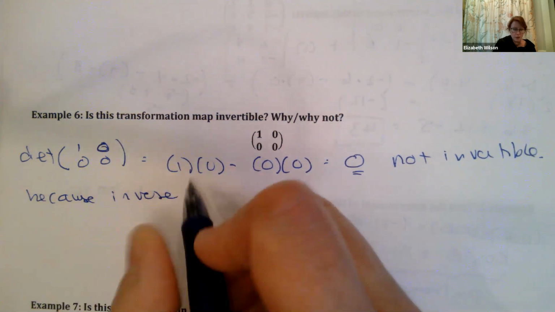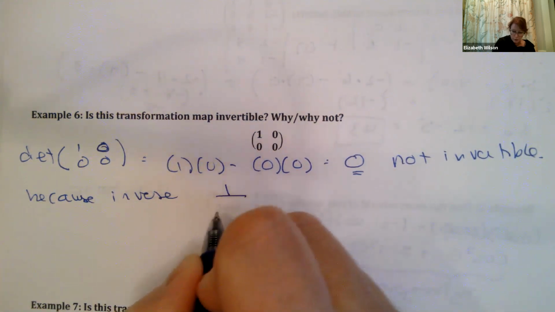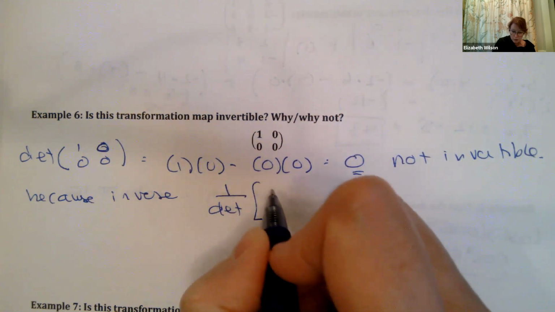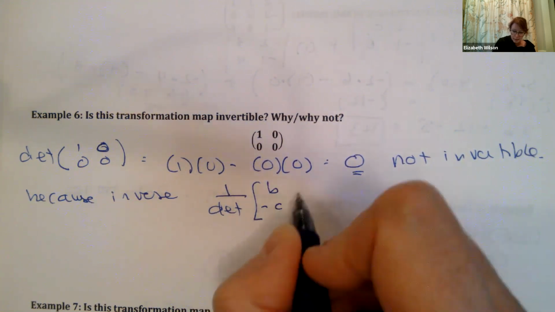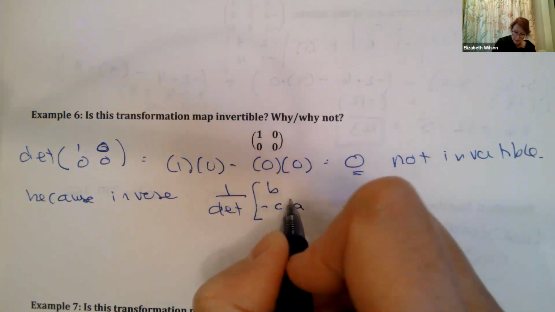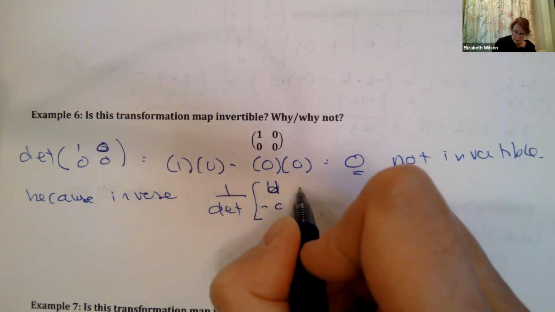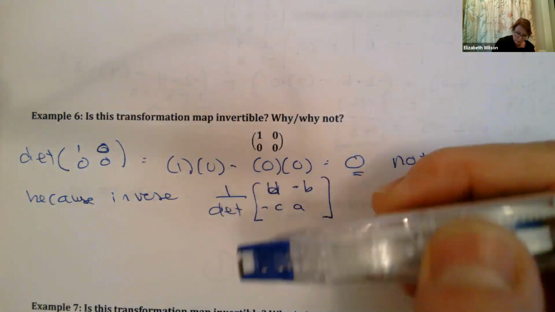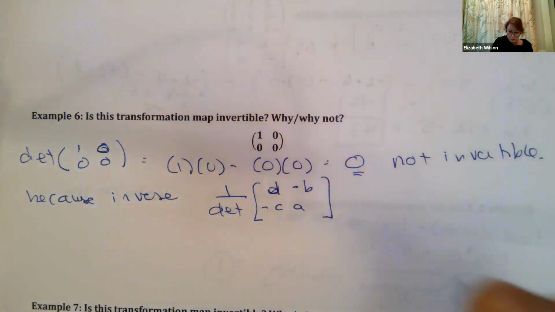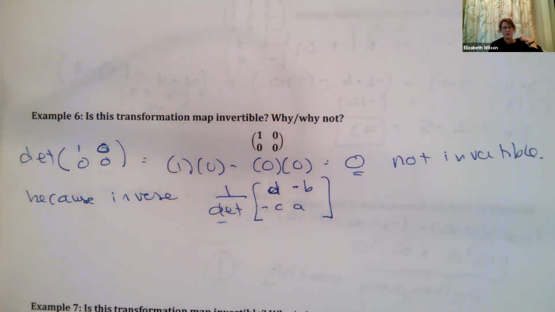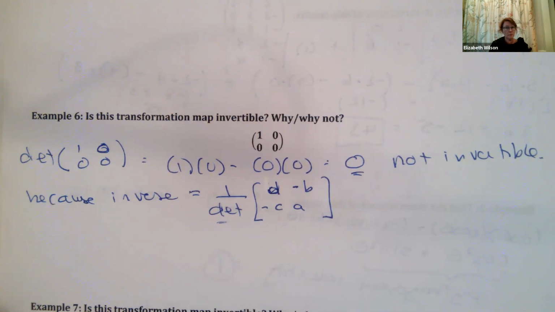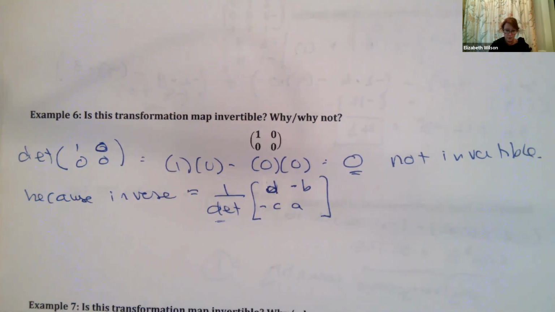The inverse of the matrix is 1 over the determinant times, if I have A, B, C, D, I switch A and D and negate C and B. So if my determinant is equal to 0, I get a 1 divided by 0. That's going to cause a big problem. If my determinant is 0, I can't get an inverse.